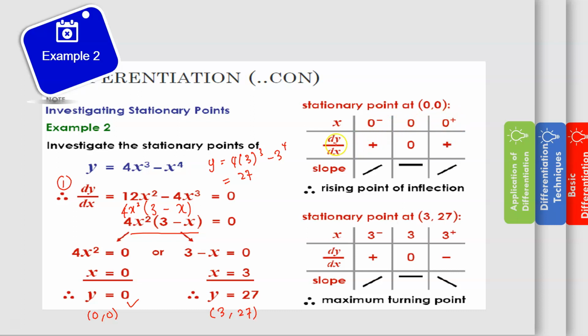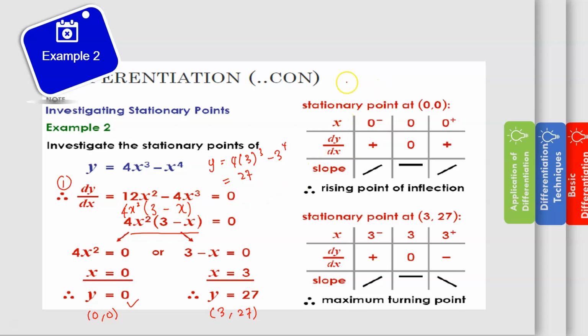Then we check for each our dy dx here. Of course, this one equal to 0 because we got from this x equal to 0 by making our dy dx equal to 0. But for negative side of 0, we can substitute in this equation, for example, negative 1.